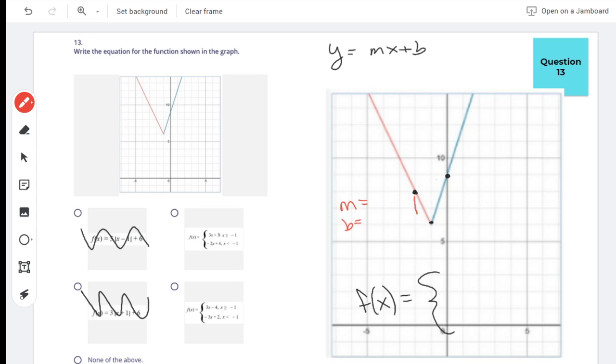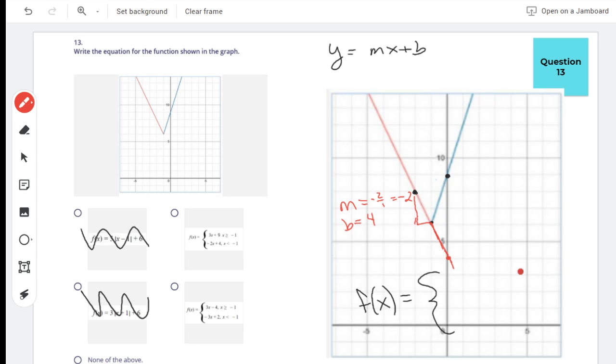So this red line is going down by 2 and to the right by 1. So it's a slope of negative 2 over 1, or just negative 2. Now the y-intercept is a little bit harder to tell, but I'm going to continue that slope downwards, falling by 2 and running by 1, and that'll get me where this red line would cross the y-axis, which is here at 4.